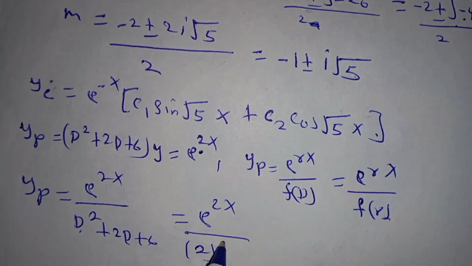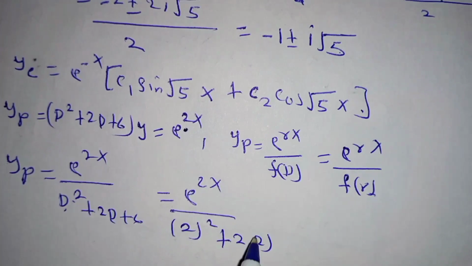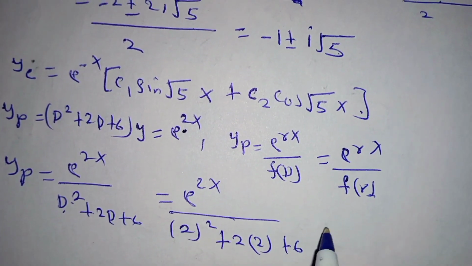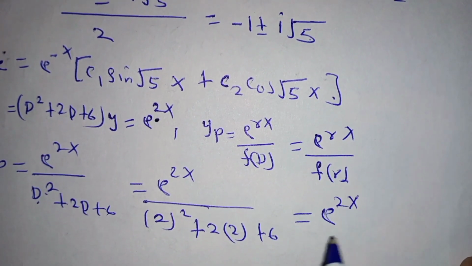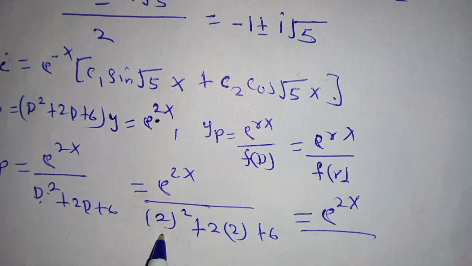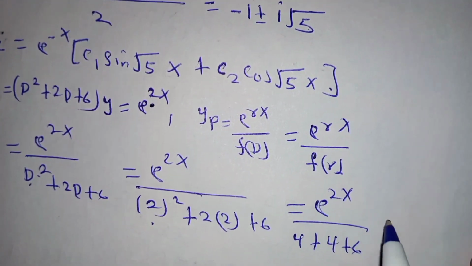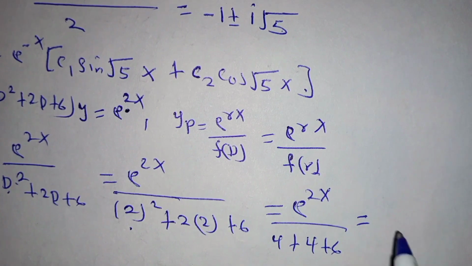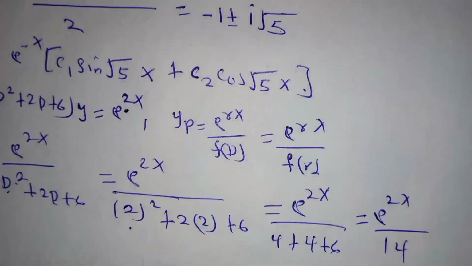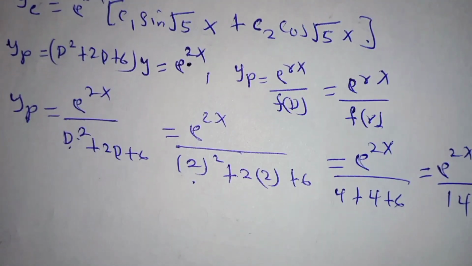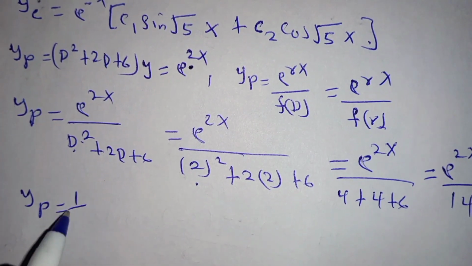So you have 2 squared, since here it is D squared, plus 2 into bracket 2, plus 6. This is equal to exponential 2x into bracket 4 plus 6, which is equal to exponential 2x divided by 14, meaning that our yp is equal to 1 over 14 exponential 2x.